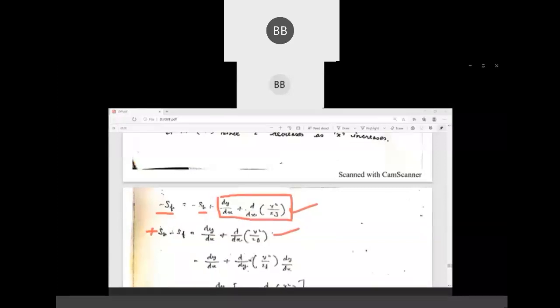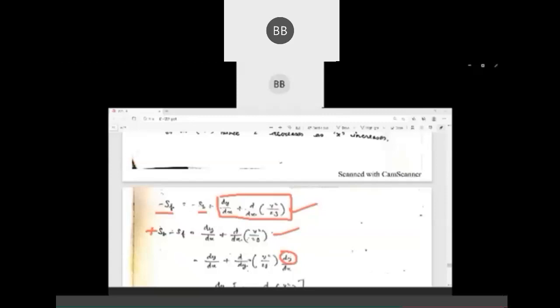Then again, this dy by dx will remain the same. Here we will write d by dy of V square by 2g. See here we have substituted an extra term called dy, so we have to put dy in the numerator also, so that it will be cancelled.